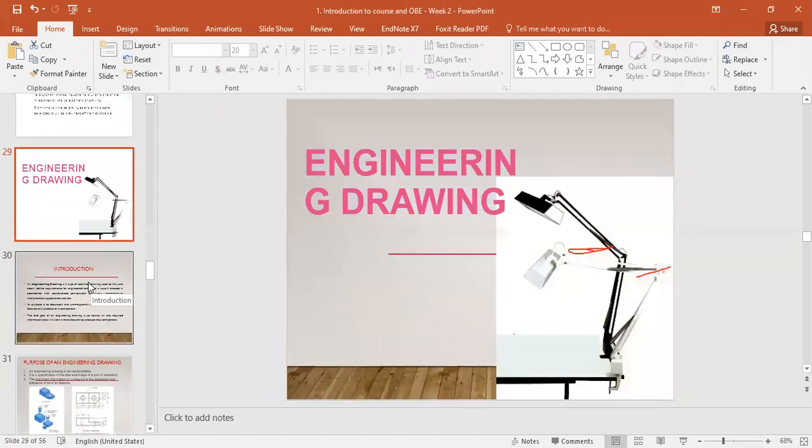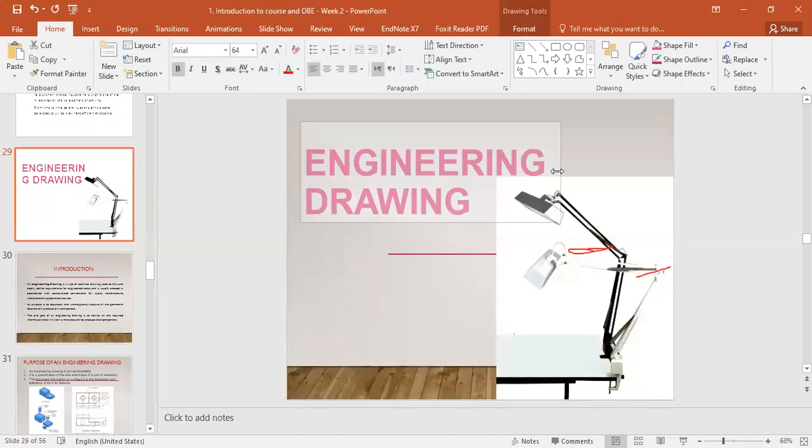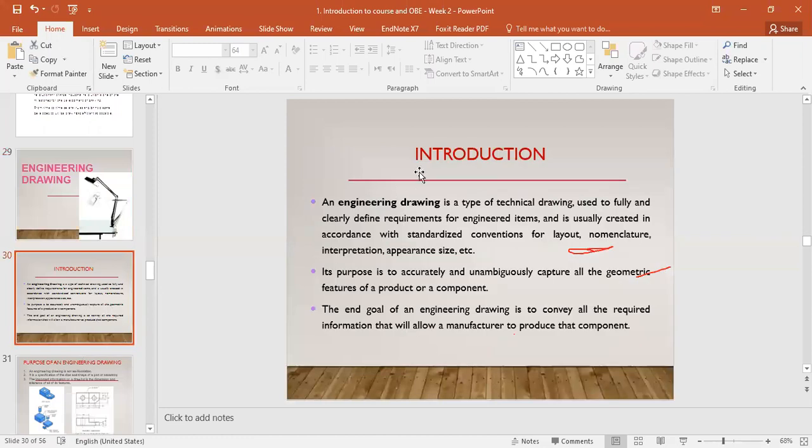Next, we have studied what is drawing. Now we will study engineering drawing. An engineering drawing is a type of technical drawing used to fully and clearly define requirements for engineering items.